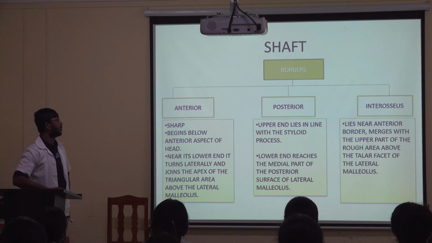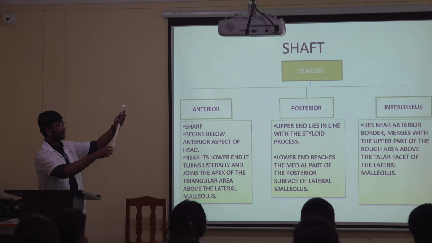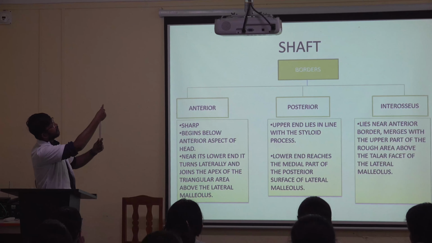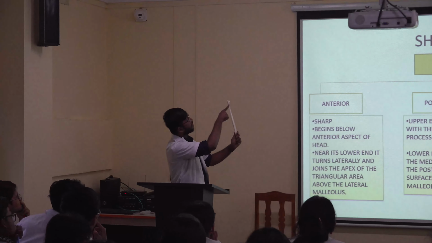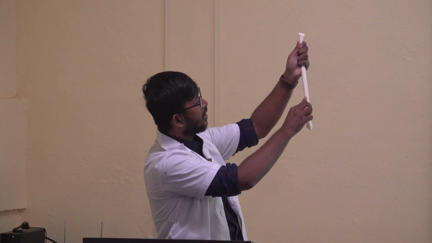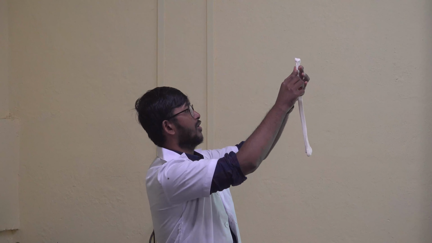Then the posterior border, its upper end lies in line with the styloid process. See, here the styloid process, from the styloid process the posterior border is coming downwards and just making a curve and going downwards like this. Okay, this is the posterior border.